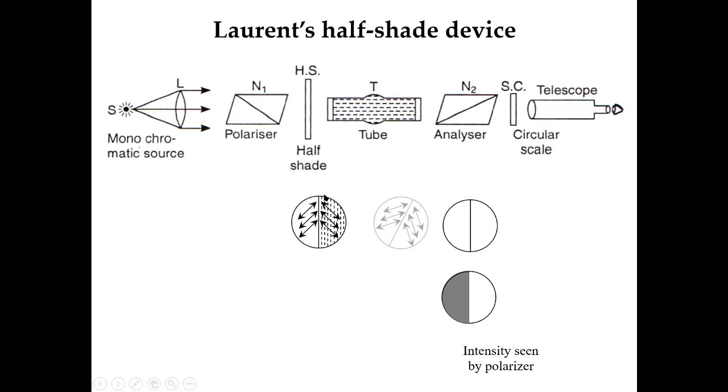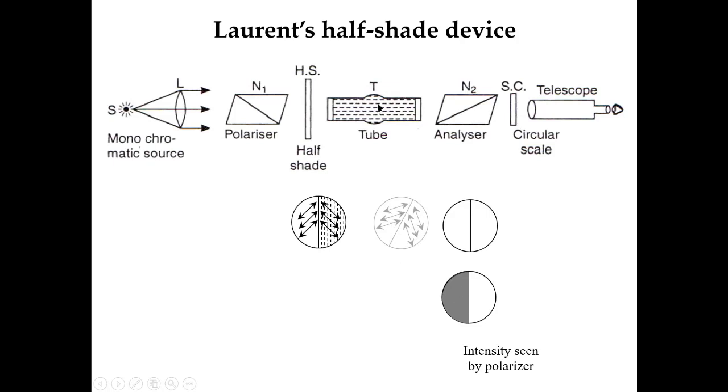So, all these components of light are rotated by some angle. This is the situation at the right end of the tube. But the analyzer is placed in the older position only. And in this case, these vibrations will show the high intensity and these vibrations will show the lower intensity.